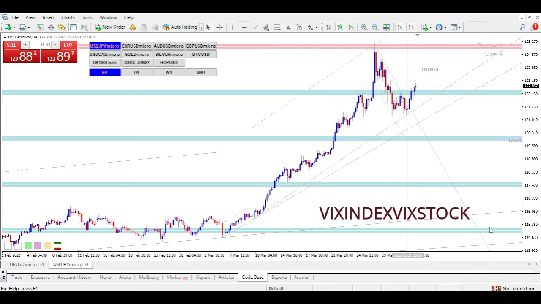The other factor that also has an impact on price movements on currencies is the country's economic data, like GDP, unemployment stats, and stuff like that.